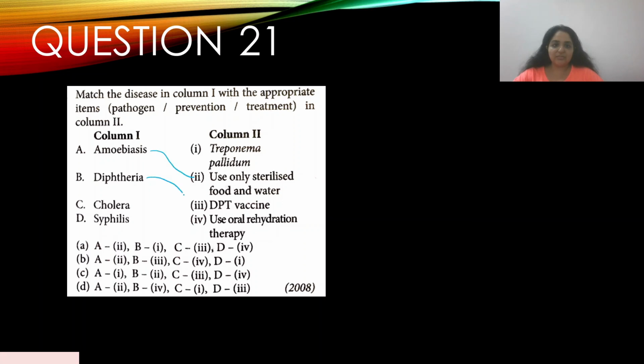Diphtheria is DPT vaccine. Cholera is use oral rehydration therapy. Syphilis is Treponema pallidum. So you have A2, B3, C4, D1. So the answer is B. This appeared in the year 2008.